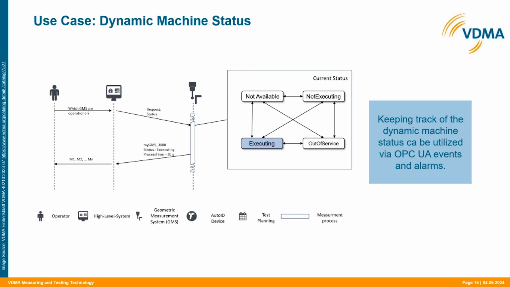I will come to KPIs later on, but within the framework of our OPC UA standard, you can say something about the dynamic machine status, which we adopt from other OPC standards. I will come to that later, but the use case is quite clear. I want to see whether my machine is operating, not operating, or maybe in an error state, who knows? With OPC UA, you can get this information.